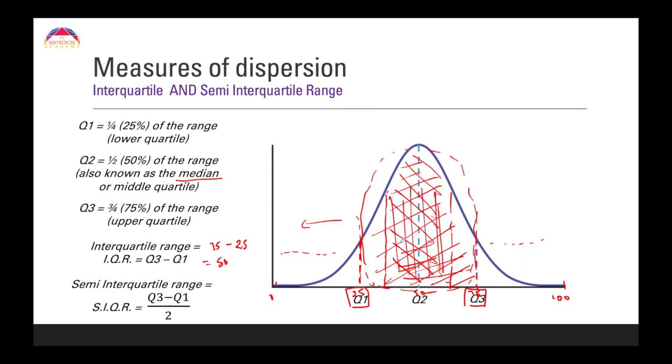This high concentration area from this line to this line is what happens when you cut your interquartile range in half. So the semi-interquartile range is really just focusing on the highest central zone over here.